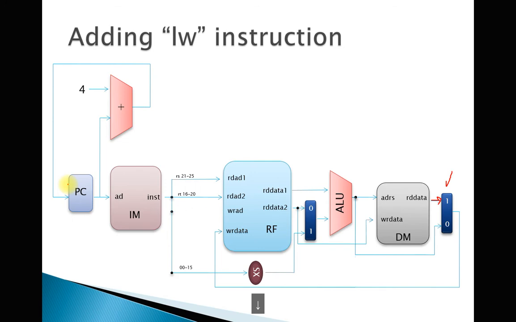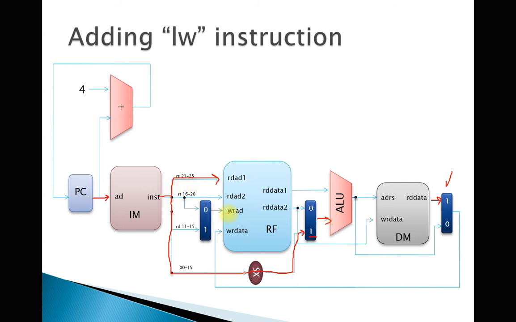So the path for load word is program counter to instruction memory, which then gives you RS. We have to translate that address, so we pass it towards the address in DM. The 16 bits move on here, are sign extended, and pass on to this multiplexer. One is selected on this multiplexer and passed on to the ALU.